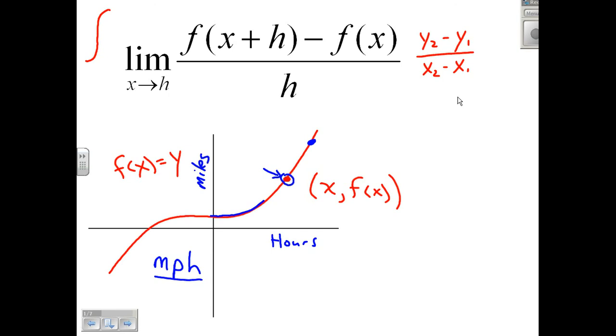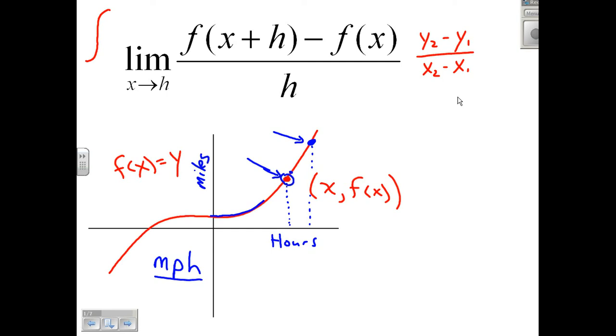But if it's not a straight line, I'm going to claim my speed in miles per hour at this point is faster than my speed back here. So what we'd want to do is choose points that get increasingly closer to here and continue to find the slope.